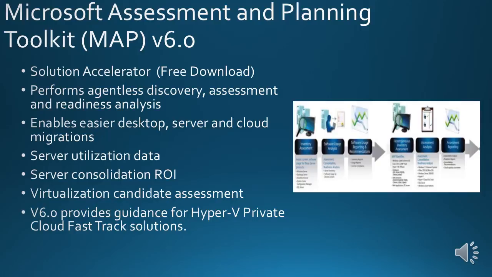This report provides an easy to use informational guide on your current environment and what you need to upgrade your environment to prepare it for the private cloud. Additionally, MAP version 6.0, the current version, can make recommendations for pre-configured hardware components and solutions based on your current implementation.